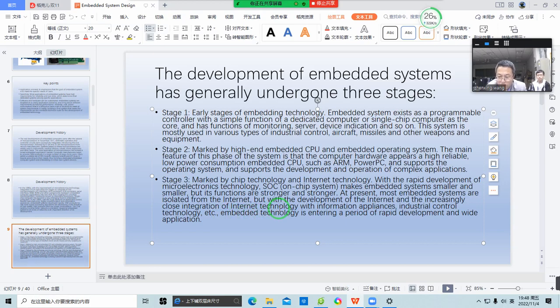So nowadays, as I introduced earlier, how to combine the cloud with your embedded system, how to combine edge computing. Sometimes, for example, deep learning code is running on the server side.